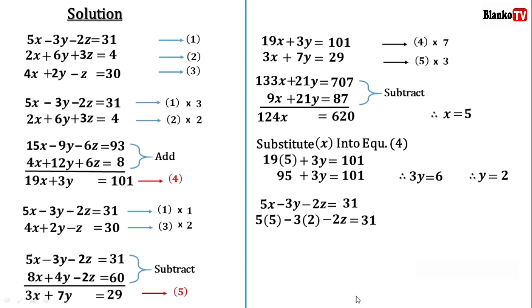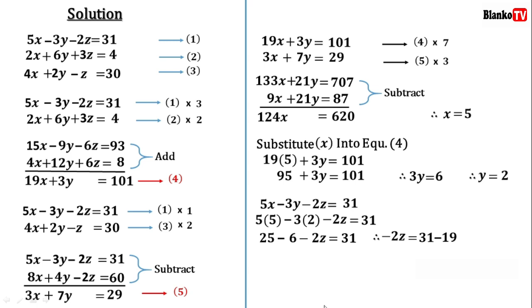So when 5 multiplies 5, we are going to get 25, minus when 3 multiplies 2, we are going to get 6, minus 2z equals 31. So therefore, negative 2z is going to be 31 minus 19.